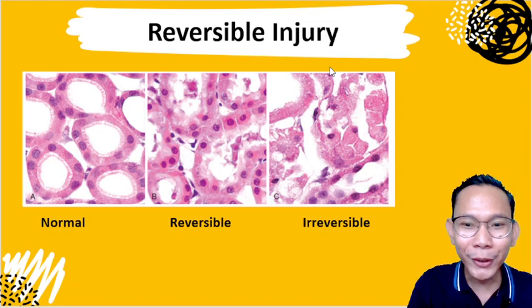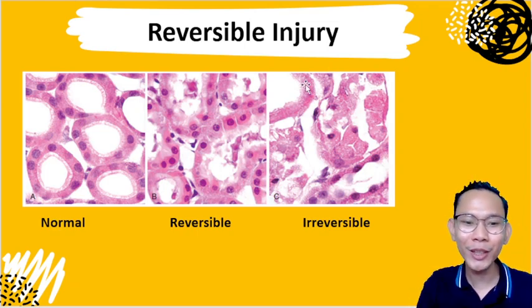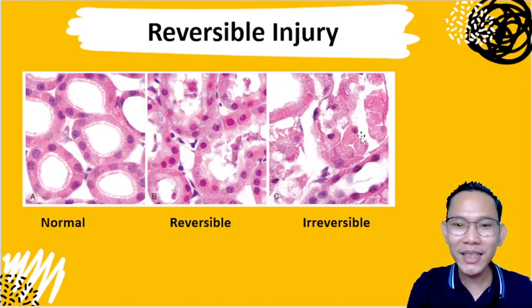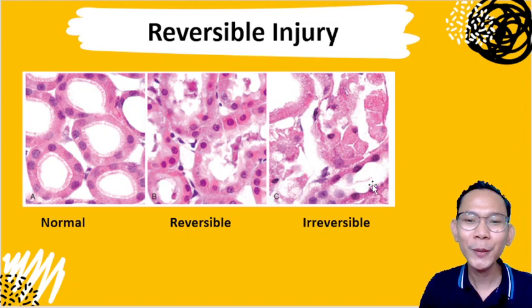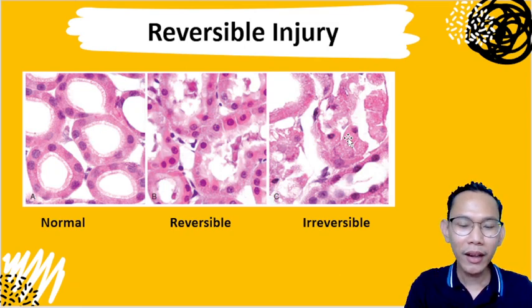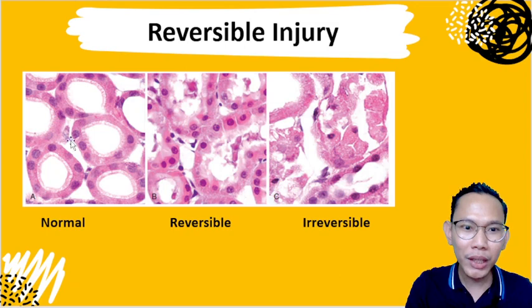Pero what would be the better or appropriate term for that? As what you can see, there's already fragmentation of your cells. Tingnan nyo, nagpa-fragment na yung mga cells. What else? Ano pang nakita nyo? Very obvious. Ano pa? Give me one obvious thing. Nakikita nyo? Tingnan nyo. May mga nucleus pa dito. Ang dami pang nucleus.